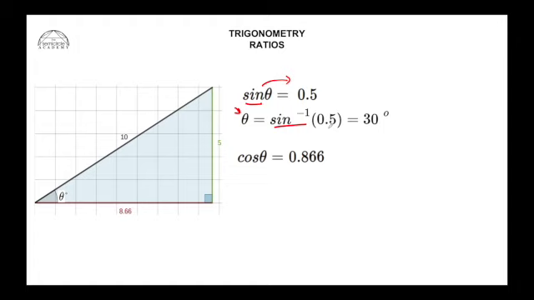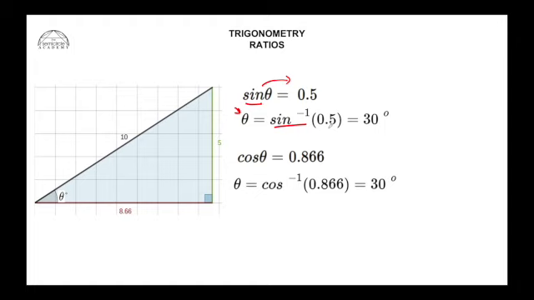What you need to do is press second function and then cos inverse, and then 0.866, and tell me what that equals. 30. And it makes sense because it's the same angle. So be careful how you use those calculators.